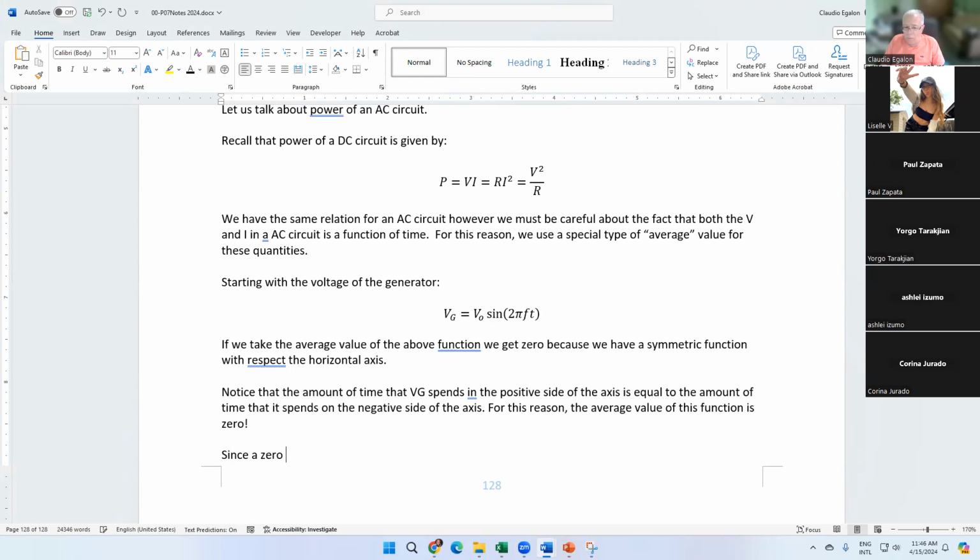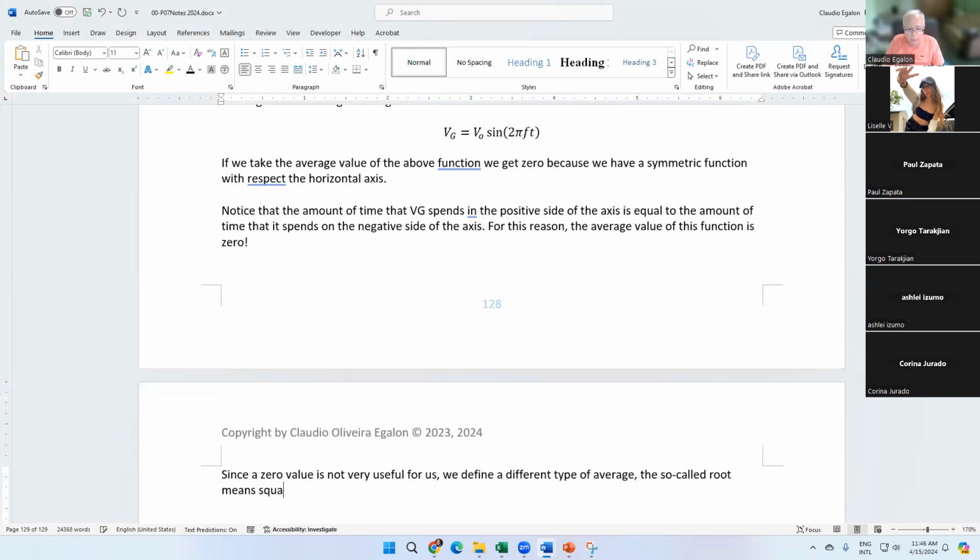Since a 0 value is not very useful for us, we define a different type of average, the so-called root mean square value, or RMS. What is the root mean square value?